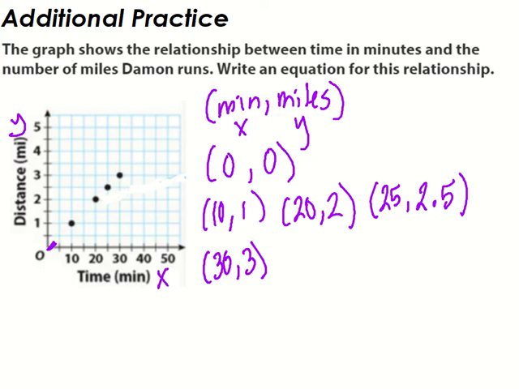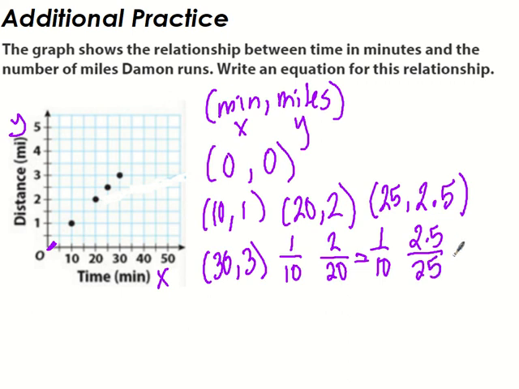So with these points, I can set up those ratios, 1 over 10, 2 over 20, that reduces to 1 over 10, 2.5 over 25 will also reduce to 1 over 10.